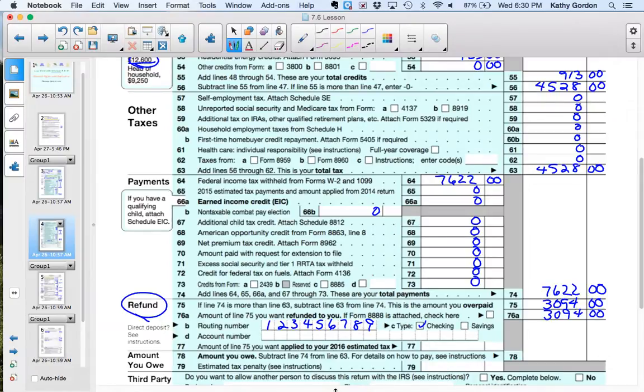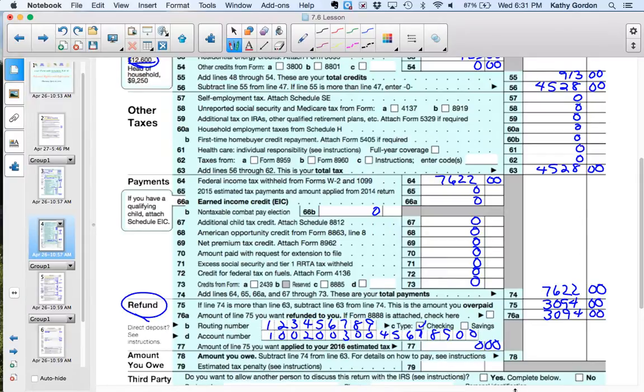We'll say this is a checking account, and the account number, okay, whatever. Just fill in some numbers to make it look like this would actually be a checking account. Line 77 asks the amount of line 75 you want applied to your 2016 estimated tax. We're going to say none. We want all of it back in a refund.